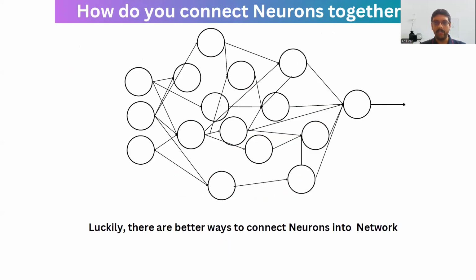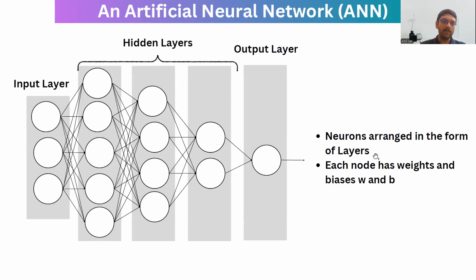So that's quite simple. Now, the next step is you've got this one neuron, as we have seen. How do you connect these neurons? Well, this is one way you could try it out, but luckily, it's not as complicated. There are much better ways of building it. And so this is what a typical deep learning model or a neural network looks like, right?